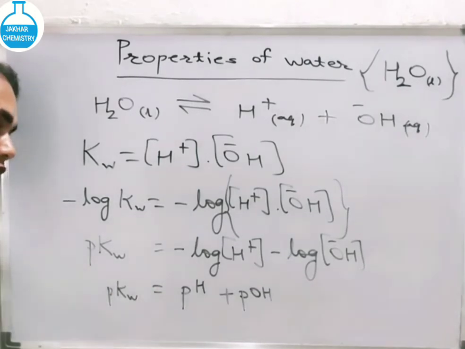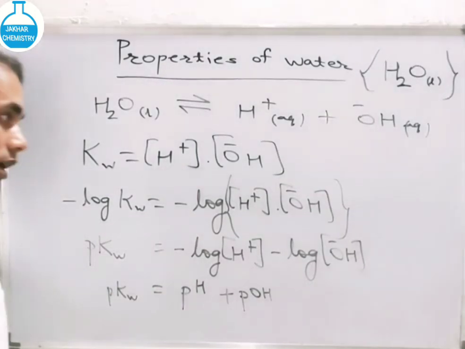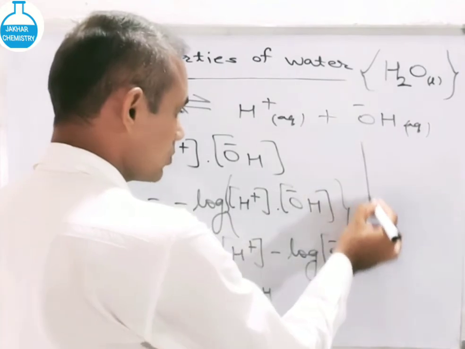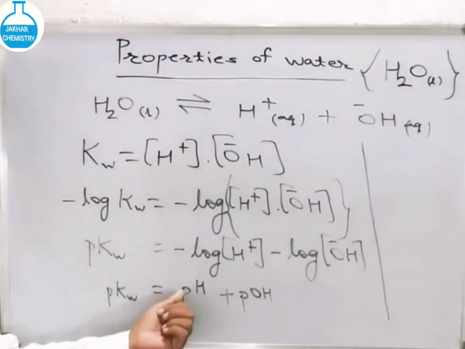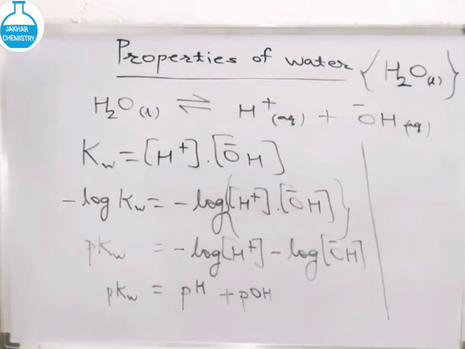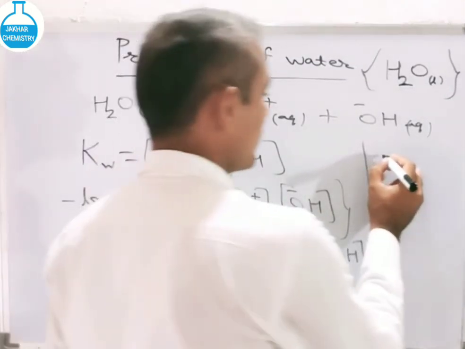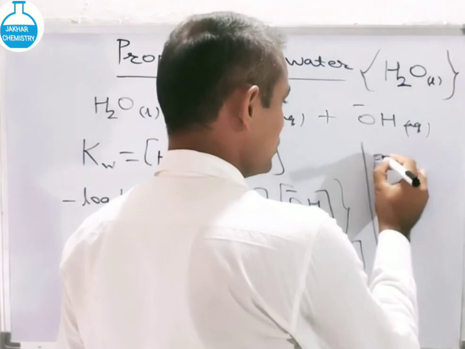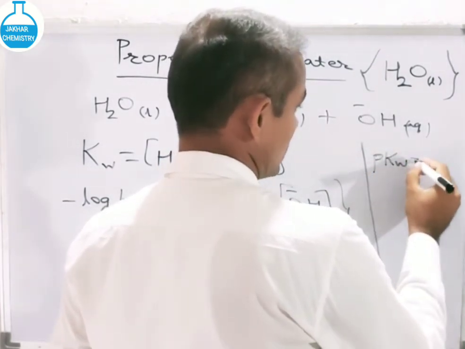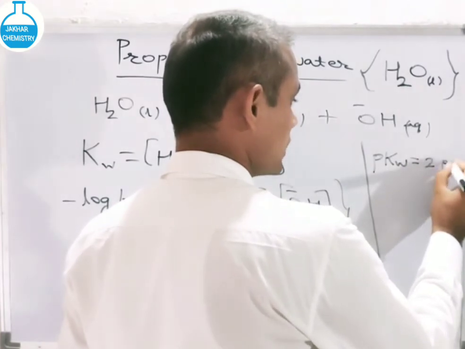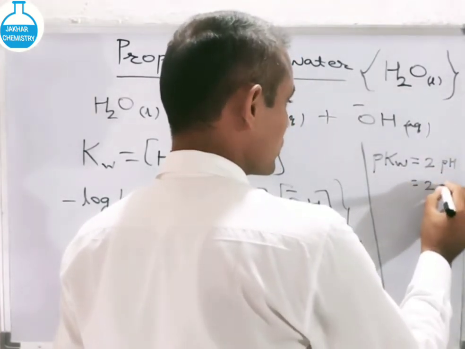So do remember one more thing: pKw is always equal to pH plus pOH. And now in pure water, pH and pOH are equal. So what about pKw? Twice of pH, or we can say twice of pOH. So pKw equals twice of pH in case of pure water, or twice of pOH.